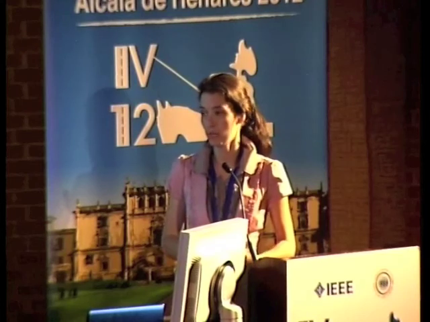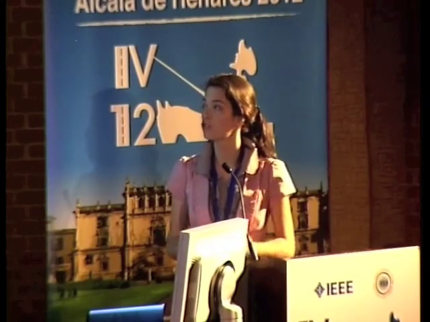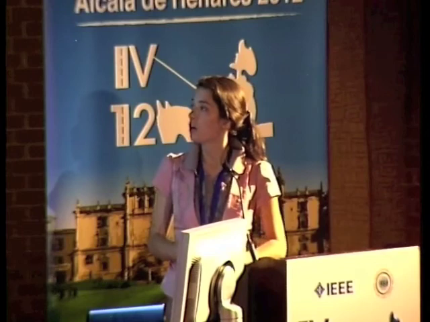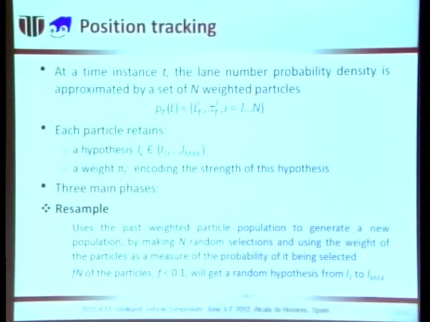The particle filter has three main phases. First, resample, in which the past weights are used to generate a new population by making n random selections, using the weight of the particles as a measure of the probability of being selected. A small set of particles will be randomly distributed among the hypotheses.